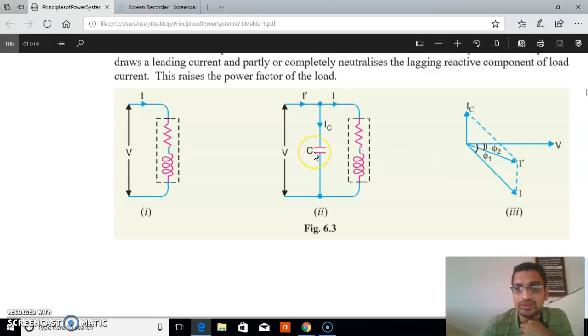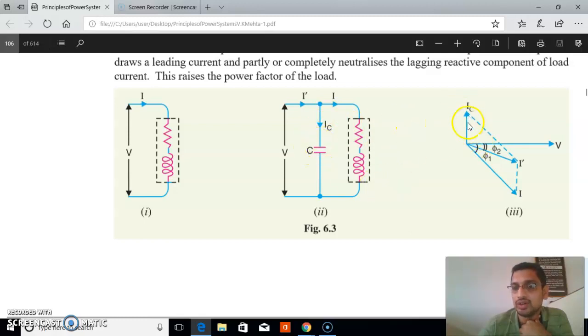Now to improve the power factor, we add a capacitor in parallel with the load. The capacitor draws a leading current, IC. It is a pure capacitor, so IC leads the voltage by an angle of 90 degrees.